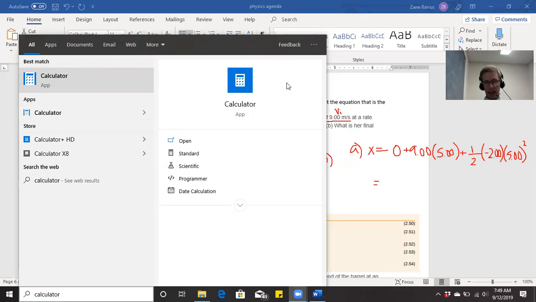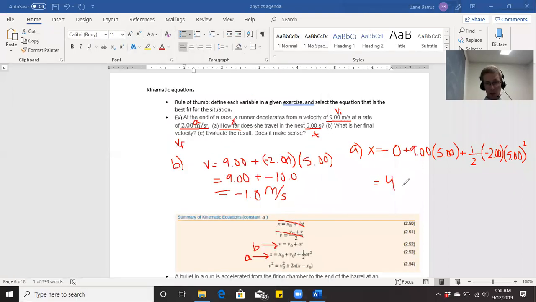We know that 9 times 5 in this first part of the equation is 45. Then we have 1/2 times a t squared. 1/2 times -2 is -1. And then 5 squared is 25.